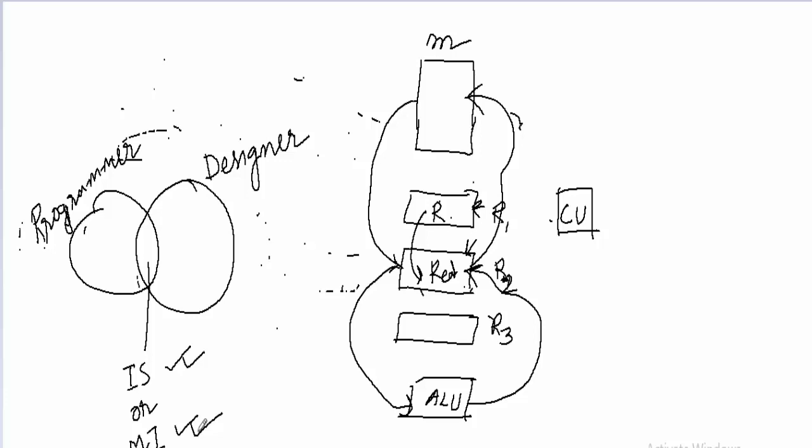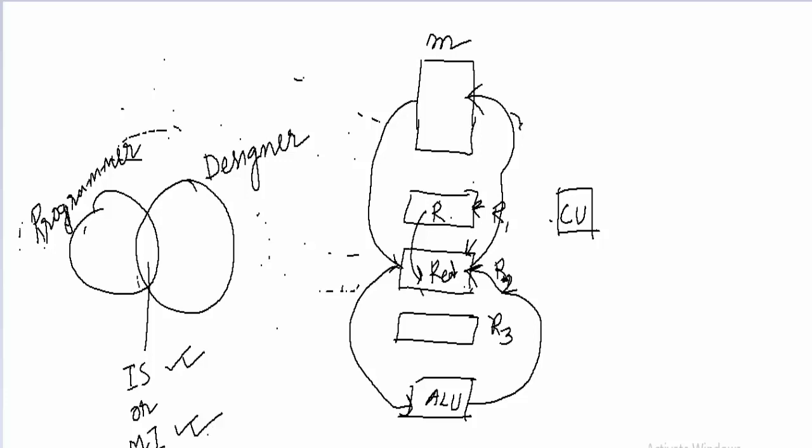The programmer will specify through the instruction set what is needed in order to write the program, and based on the instruction set information, the designer will choose the hardware and connect them.